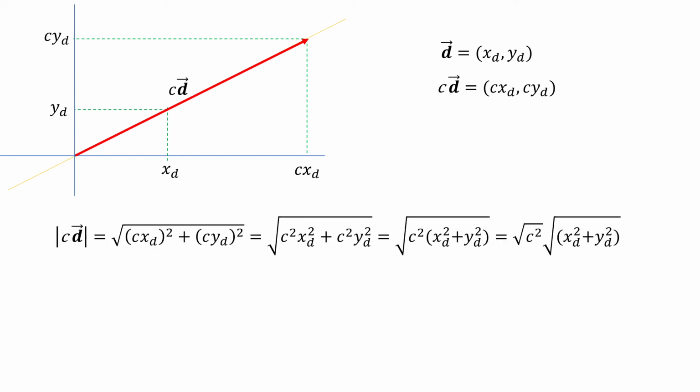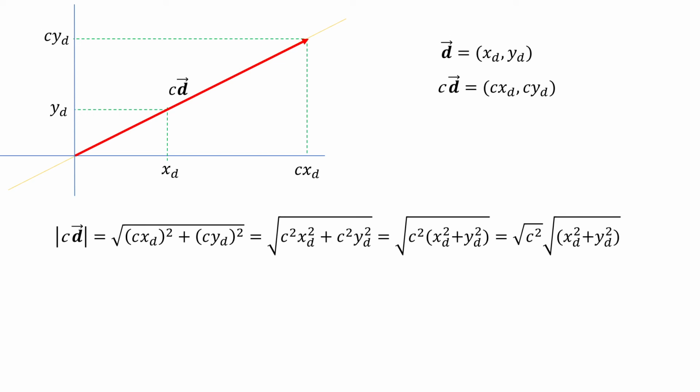And let's calculate the length of the vector. Okay, we're going to start with the definition of the length of a vector. So the length of a vector by the Pythagorean theorem is going to be the square root of the sum of squares of coordinates of the vector. So in this case, it's cxd and cyd, right?